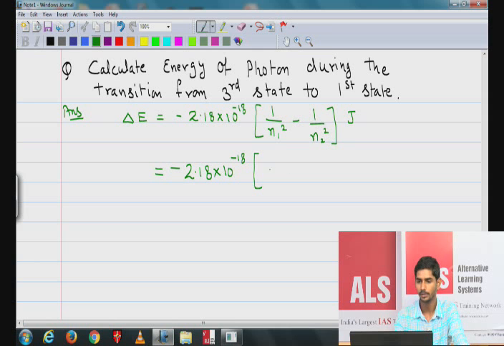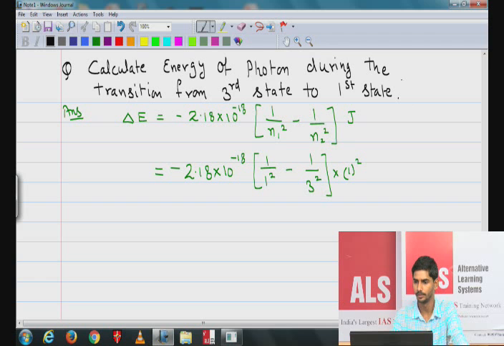So, n1 will be 1. So it will be 1 upon 1 square minus 1 upon 3 square. We are talking about the hydrogen atom, so Z will be 1. Remember, I haven't mentioned hydrogen atom.